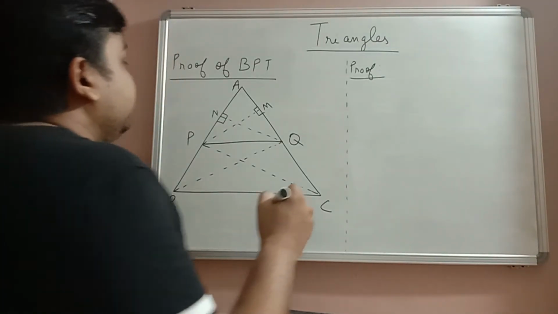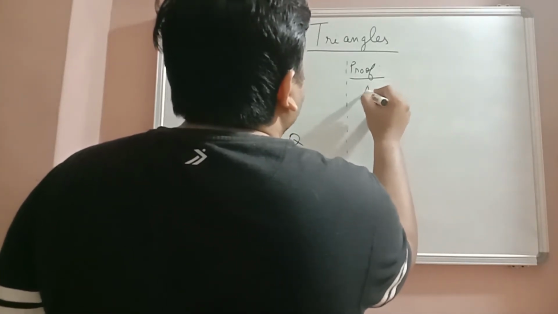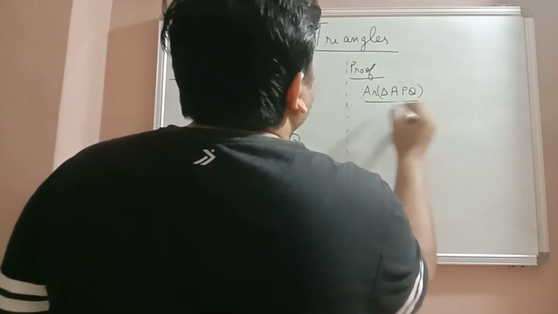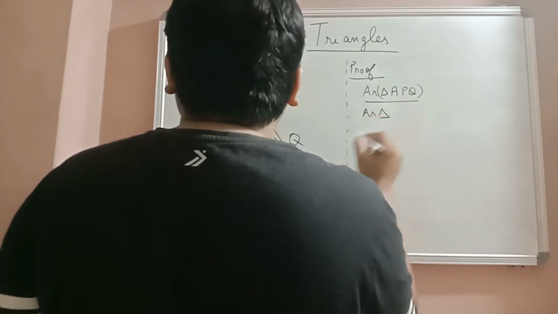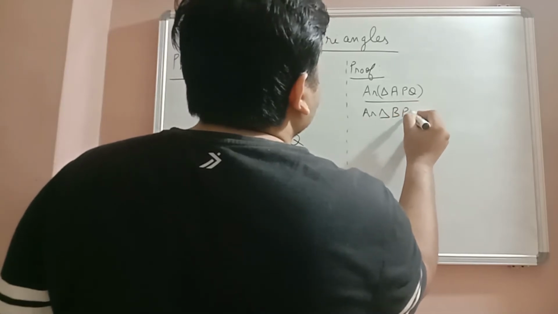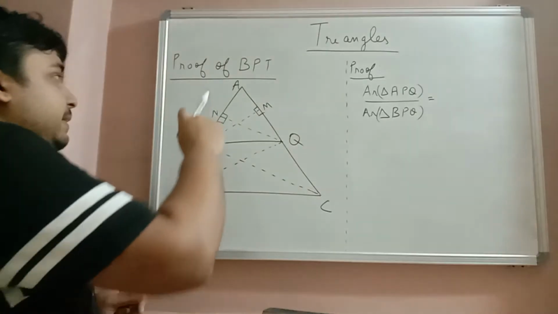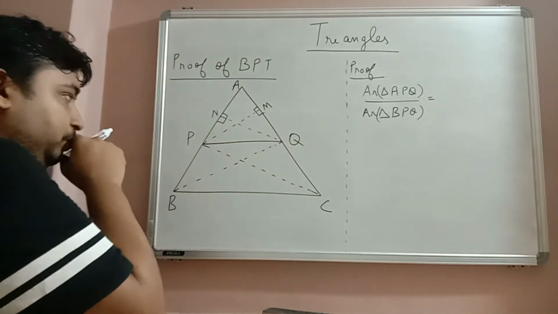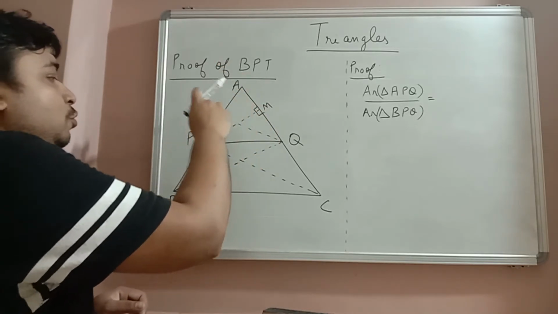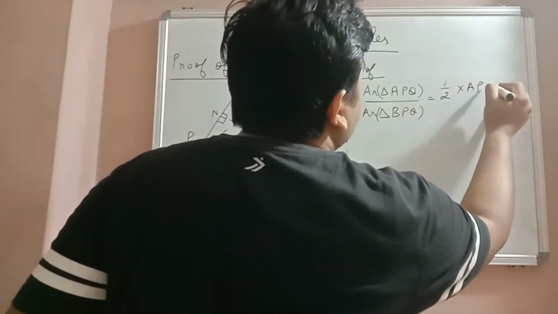All right, so I'll take two ratios. First is area of triangle APQ divided by area of triangle BPQ. Now, taking area of triangle APQ, I can write it as half into AP into QN.